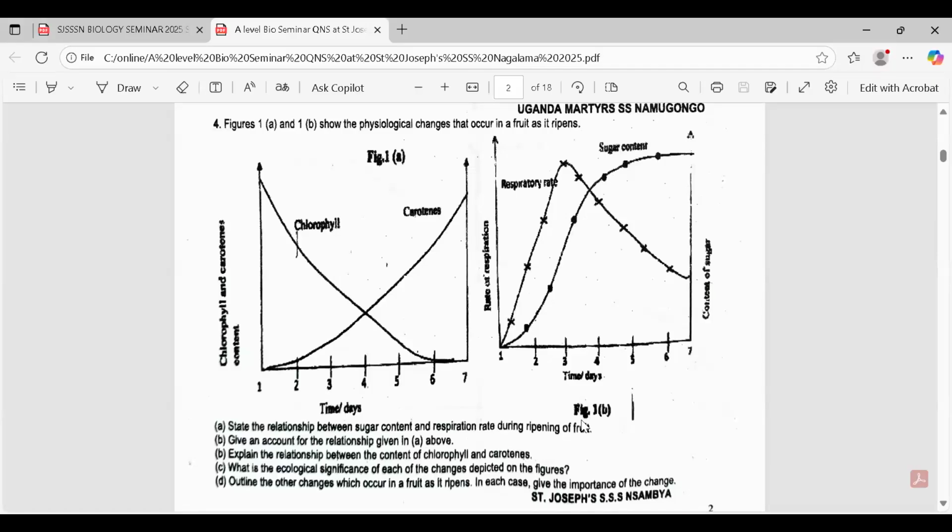So we have part A. Part A asks to state the relationship between sugar content and respiration rate during ripening of the fruit. I don't know if there is someone who can give us an idea of how they could attempt this item. Yes.